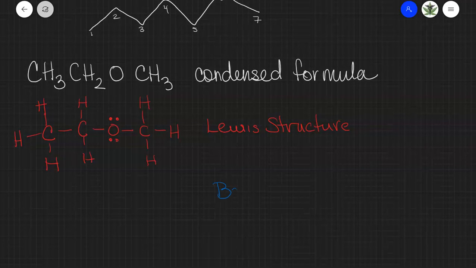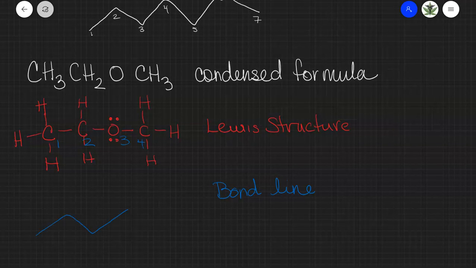Now we want to take this Lewis structure and write the bond line formula. So I have 1, 2, 3, 4.